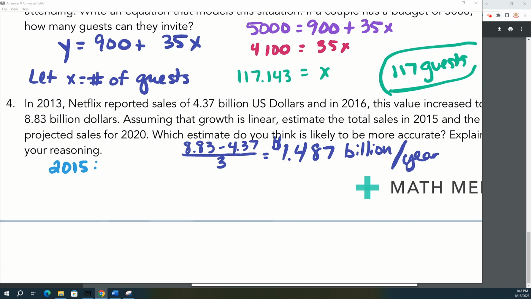All right. So then if I want to figure out their sales in 2015, estimate it, what would I do? I don't have to write an equation. I can just use the information here. I think it might be easier if we start with 2016. So if I take the 2016 minus, because that's 1 year away, that's going to be $7.34 billion.